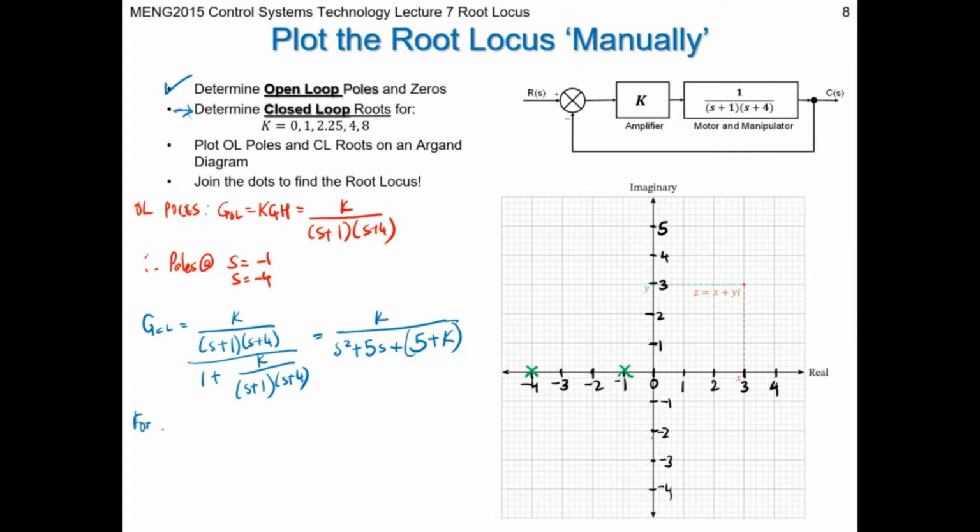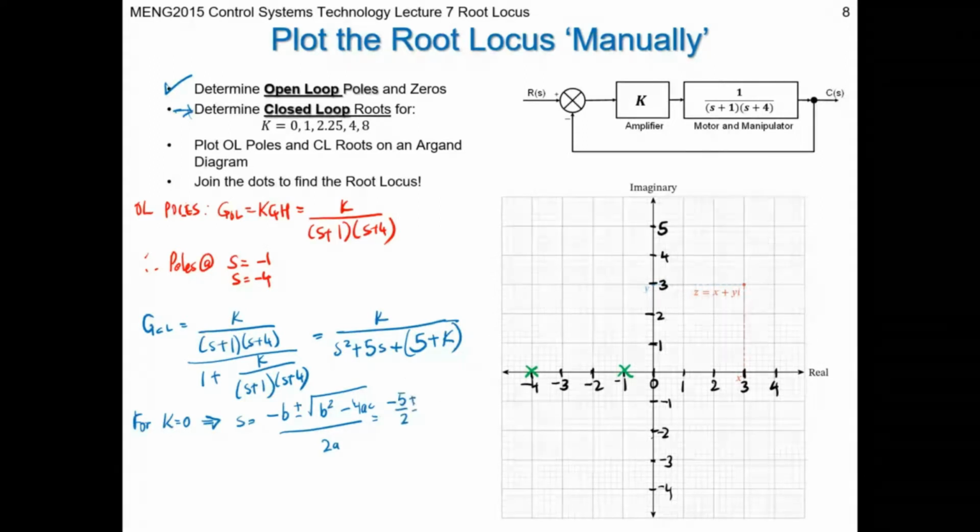So for k equals 0, s equals minus b plus or minus root b squared minus 4ac, over 2a, which is minus 5 upon 2 plus or minus root of 25 minus 4 times 5, which is 20, all over 2.